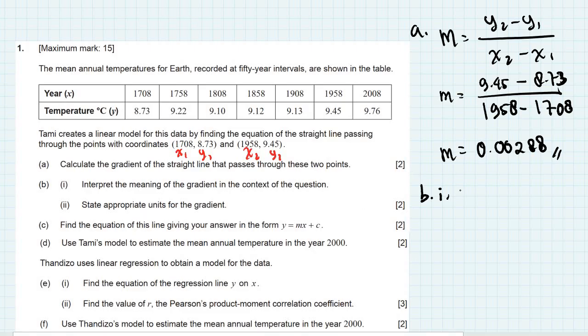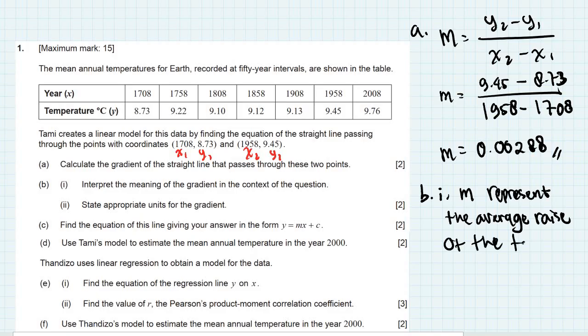So interpret the meaning. It means gradient m represents the average rise of the temperature each year in degree Celsius.